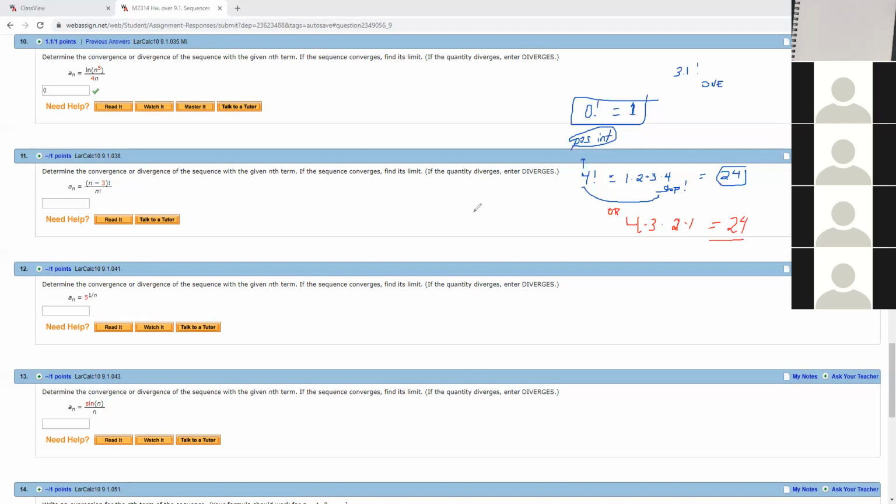Now let's do one more numerical example before we do this one, and I hope that makes it easier to understand. What if we had, for example, 4 factorial here, and let's say 7 factorial here. And then the question is simplify.